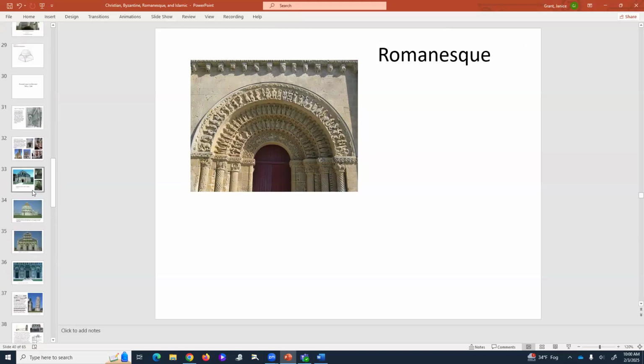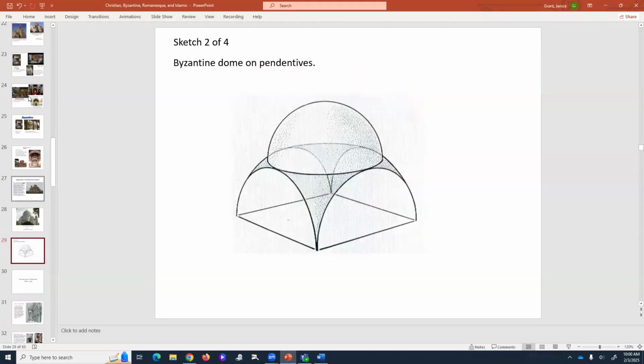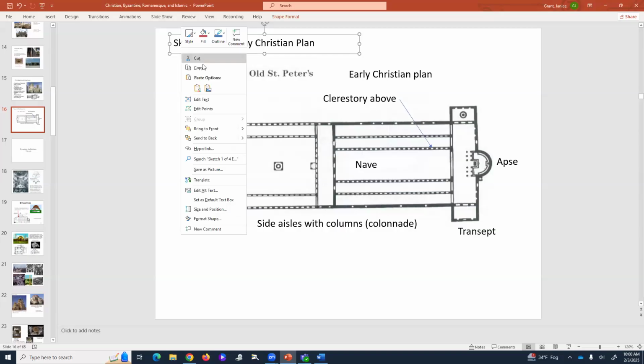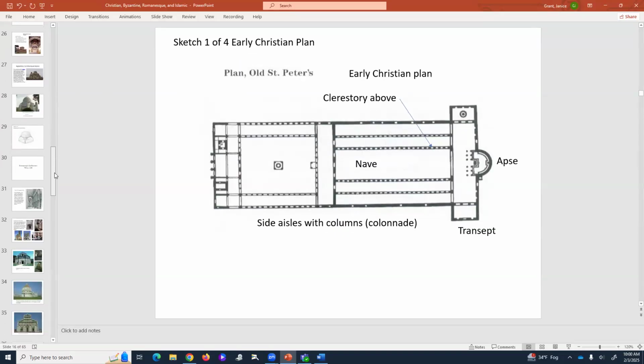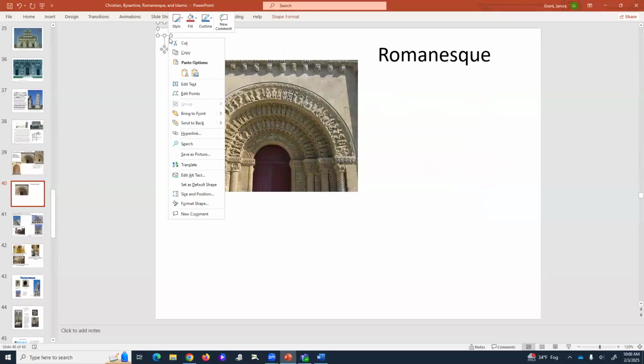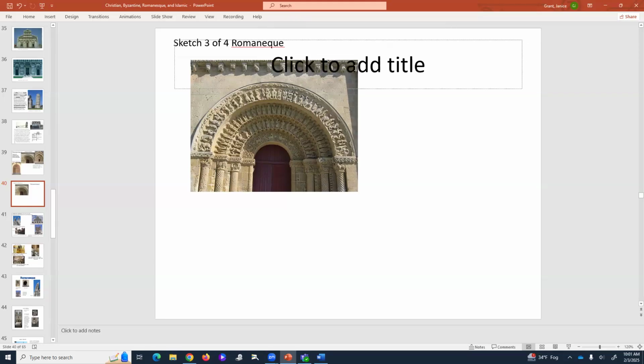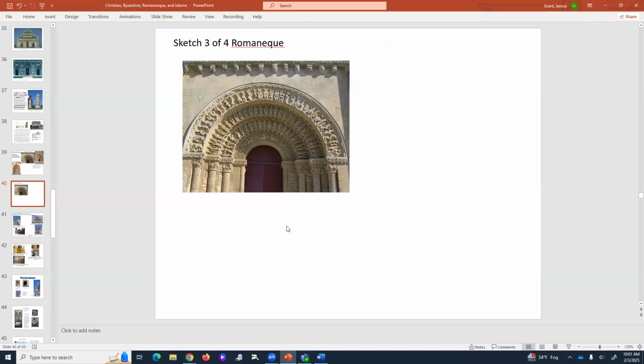So I'm starting this page for the sketch, going to be sketch 3. We were illustrating Romanesque. So the first thing we want to draw would be an image that illustrates these arches.